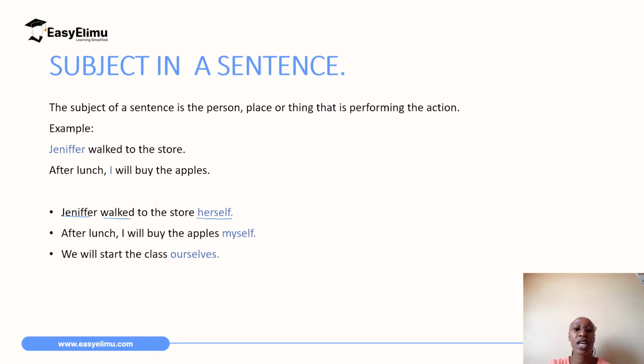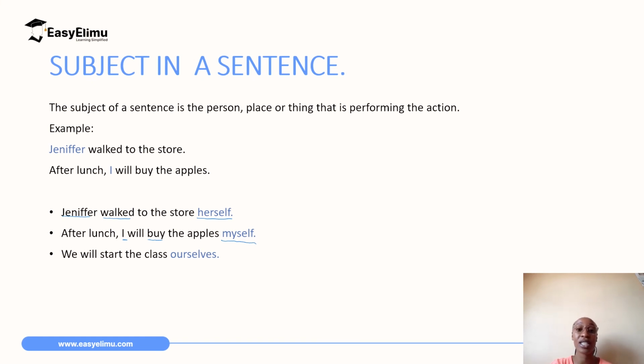It shows that Jennifer is the one who did this walking herself. The second sentence, after lunch, I will buy the apples myself. So we start by identifying the action. Here is buy. The subject that will perform this action is I. And the reflexive pronoun is myself.